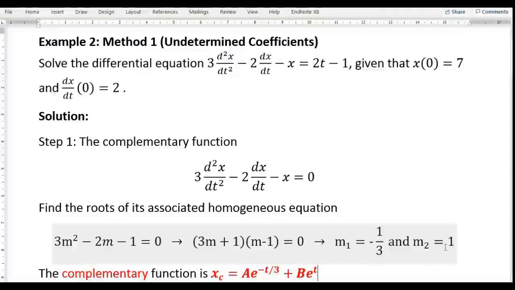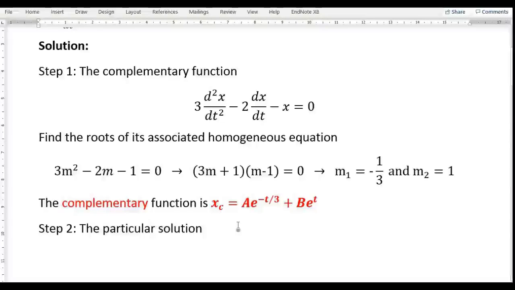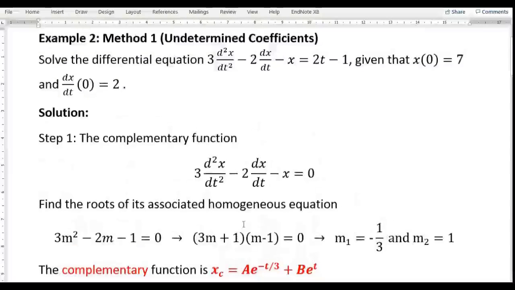So the next step is we need to find the particular solution. For the particular solution, we need to refer to the function on the right side of the non-homogeneous equation. If we look at the differential equation, the function of t is in the form of 2t minus 1, which is the polynomial form. So our particular solution also will be in the polynomial form.